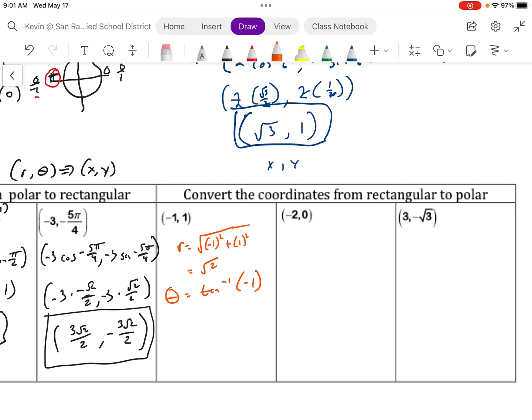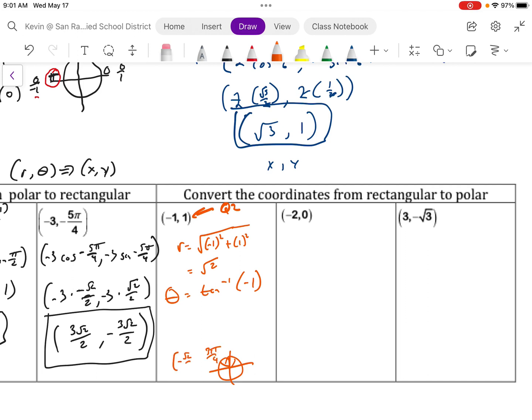Let's see, arctangent -1. That's going to be where x and y have opposite signs but the same magnitude, so that's going to be one of our 45-degree angles. And this right here says it's in Q2. So we come over here to pi over 4, 2 pi over 4, 3 pi over 4.